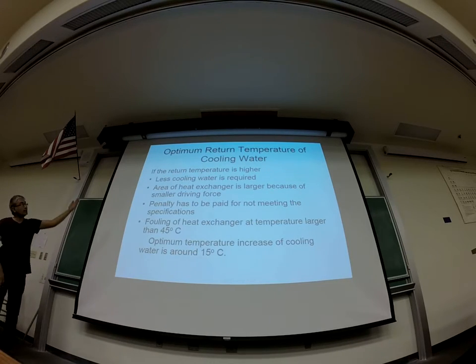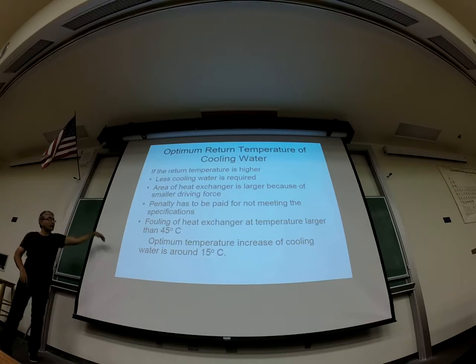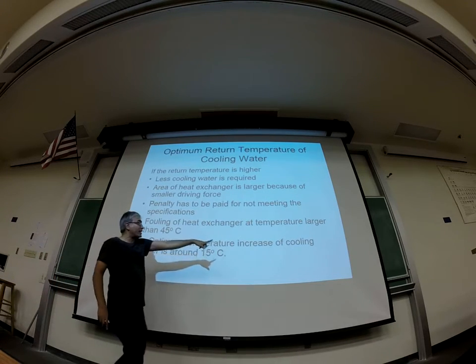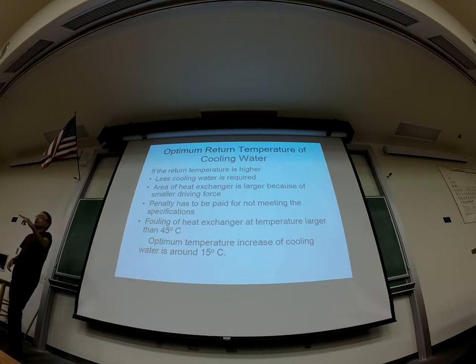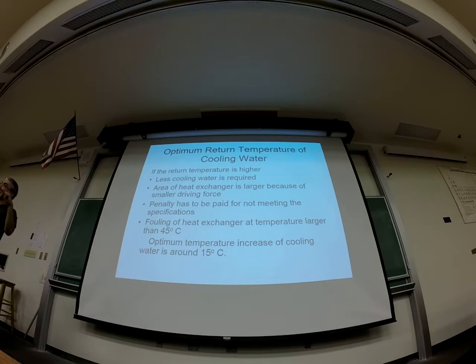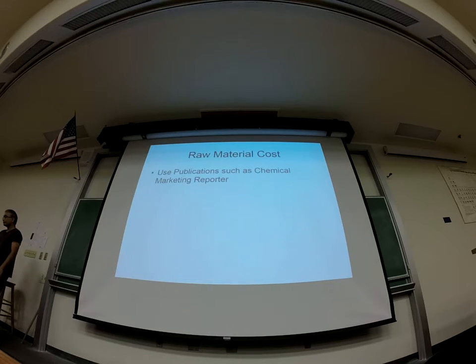So you can see these are the issues. Now this is for cooling water, so some of the rules are actually flipped. But nonetheless, you have the four criteria. So the optimum temperature increase of cooling water is 15 degrees. Like I said, with hot water, you should make sure you never approach the outlet temperature of your process stream. You always stay at least 15 degrees different from that.